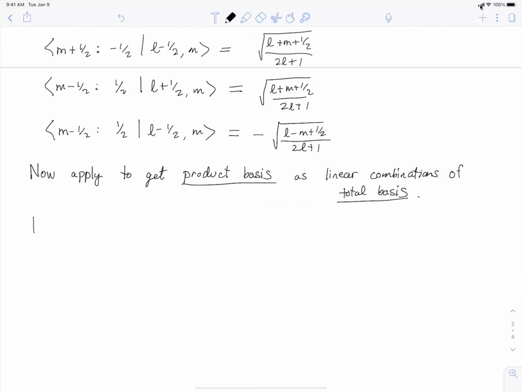So, for example, |m+1/2, -1/2> is equal to this Clebsch-Gordan coefficient plus this one.